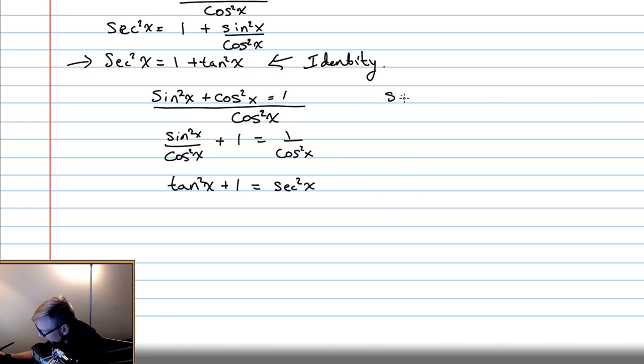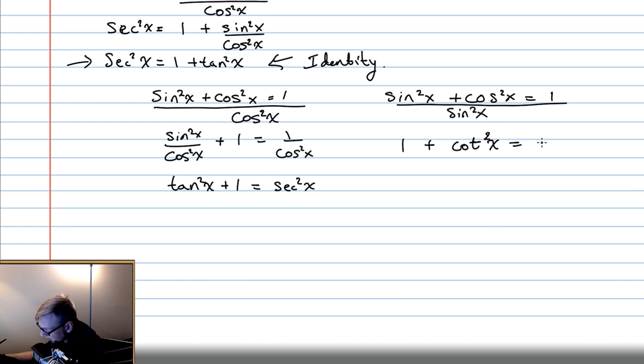Okay, what if we divide by sine squared? Well, we've got 1 plus cosine over sine, which is cotan now, or 1 over tan, however you want to say it, cotan squared x equals, well, 1 over sine squared. 1 over sine is cosecant.